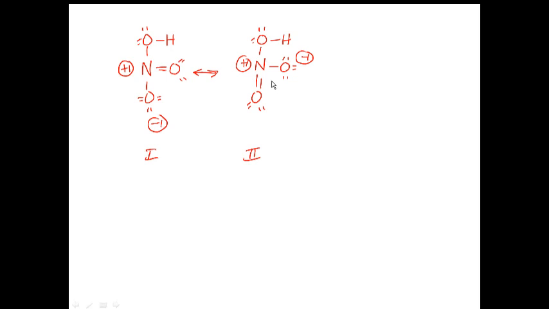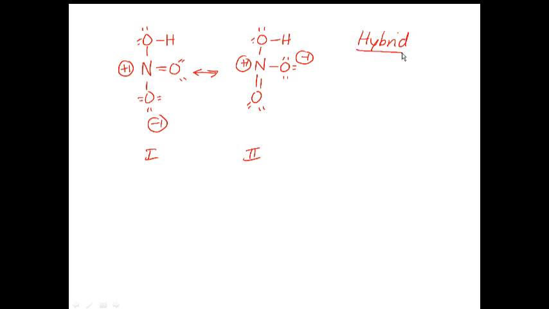Back in probably the 1910s, people had this question about what was the true structure of resonance structures. And the ultimate answer that came about was that neither one of these structures was the correct structure. The correct structure was what we call a hybrid of the two.